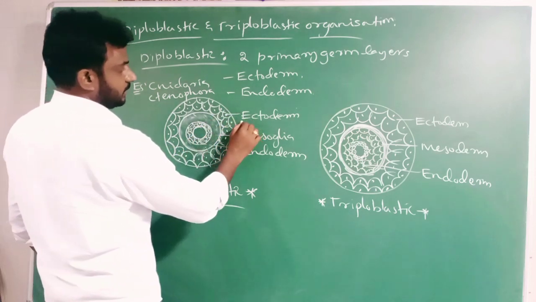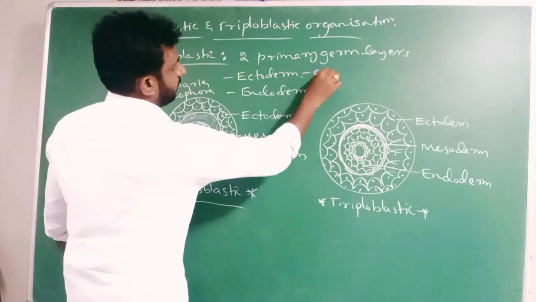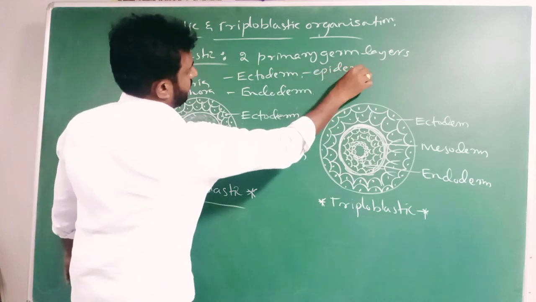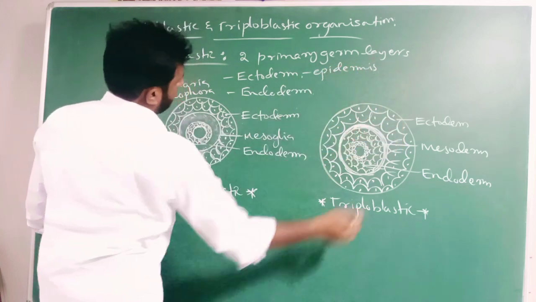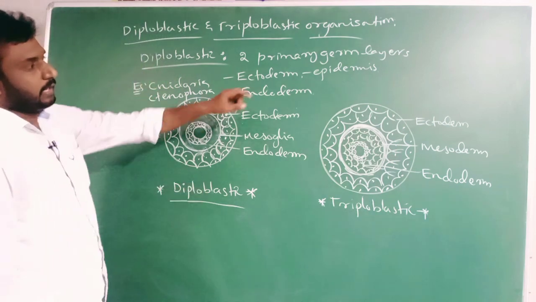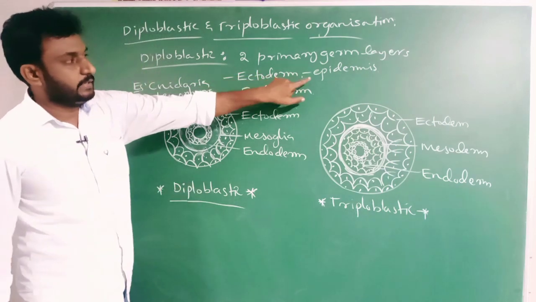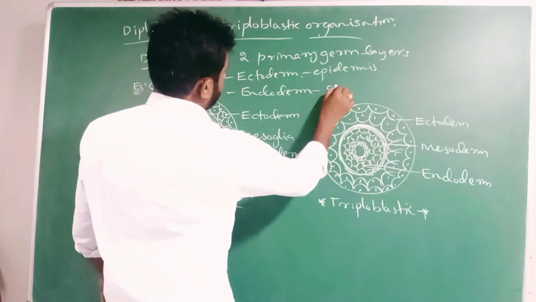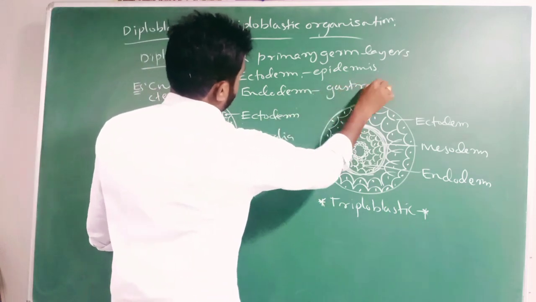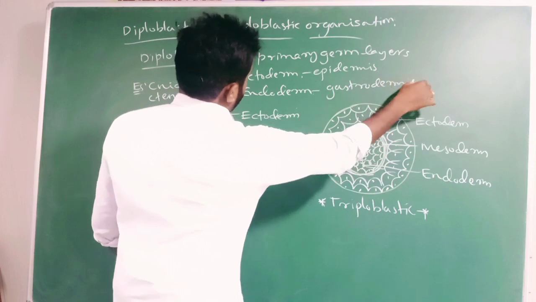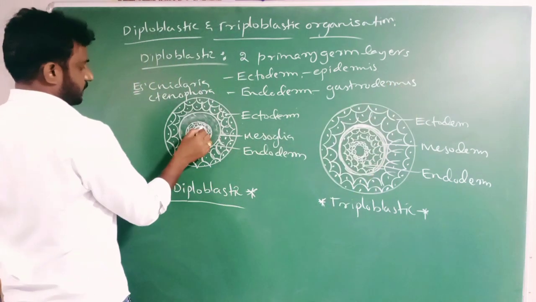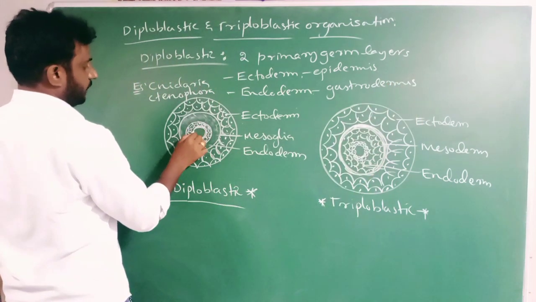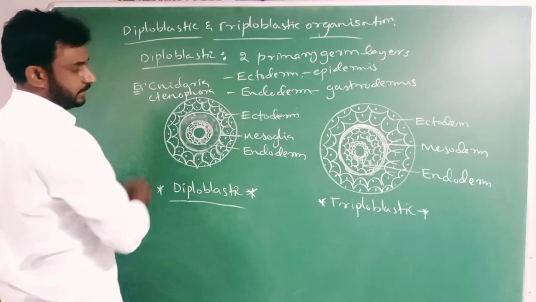Ectoderm gives rise to the epidermis, like the outer body wall, outer layer. Endoderm gives rise to the gastrodermis, which covers the lining of the alimentary canal, the lining of the gut.